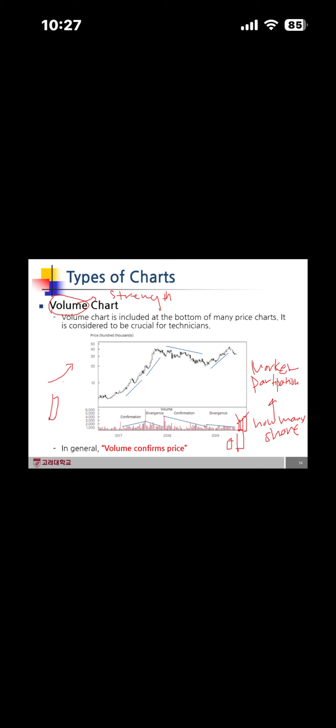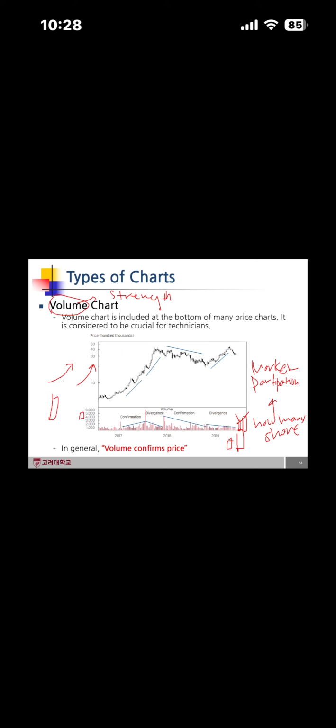But if the price increases with very low trading volume, the movement may simply reflect a small number of trades rather than broad market support.